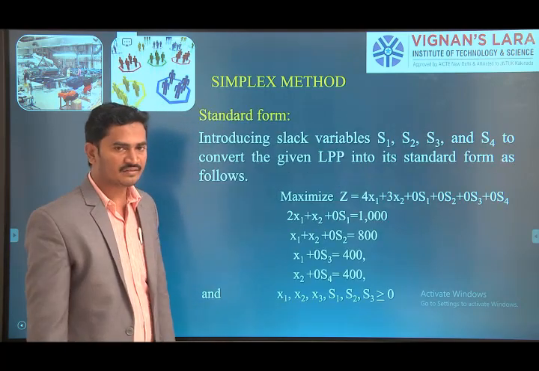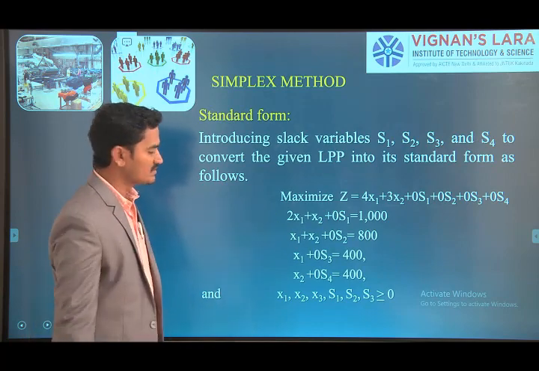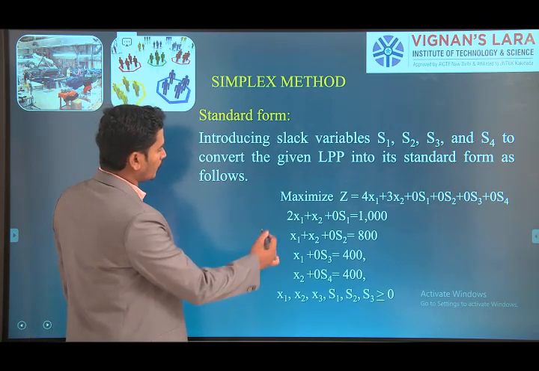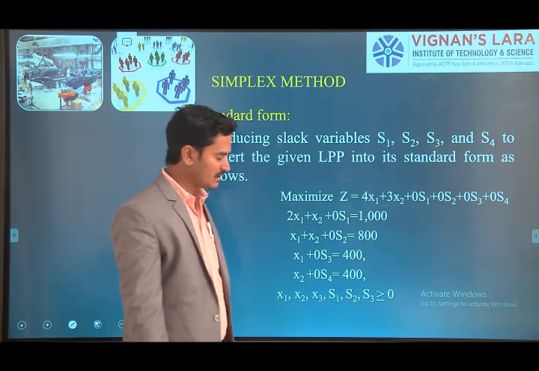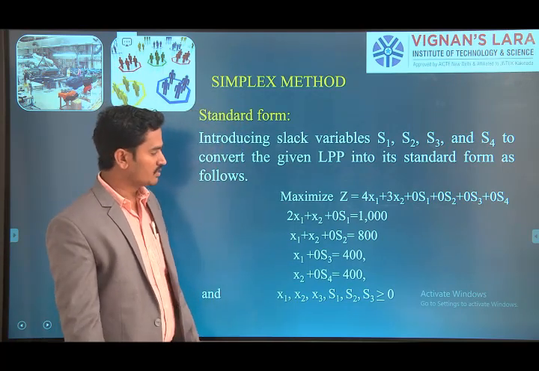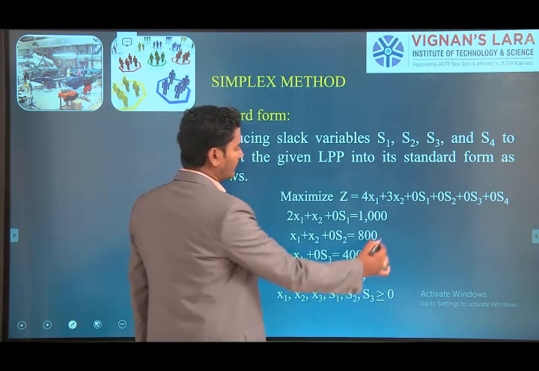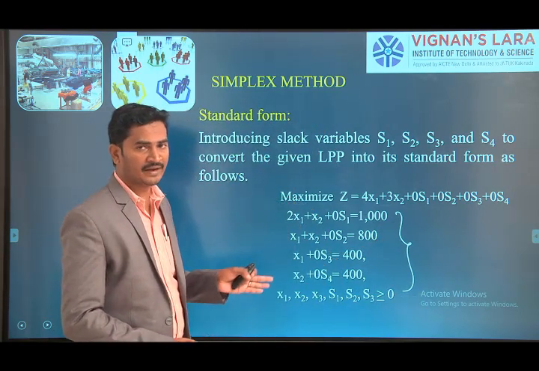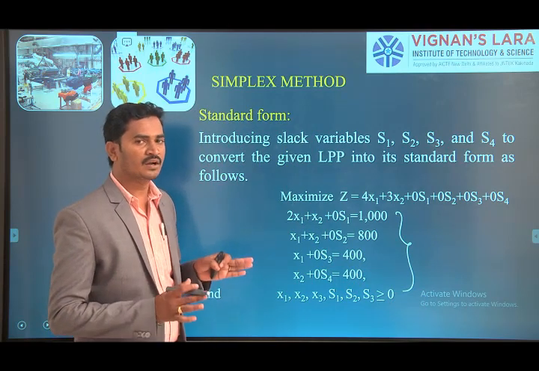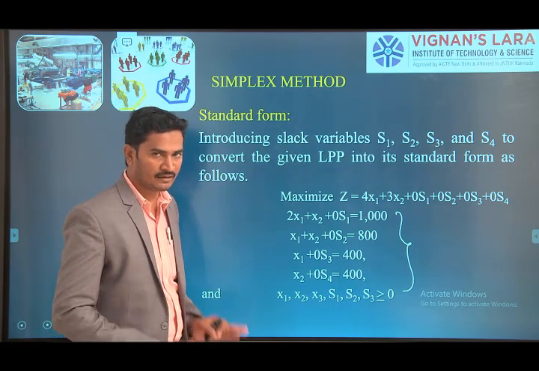Okay, coming to these equations, here we have the 4 constraint equations. In every equation we have some variables. If there is one variable on the left-hand side before the equality, that variable is called a basic variable.